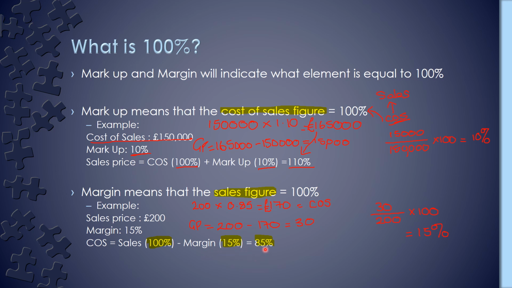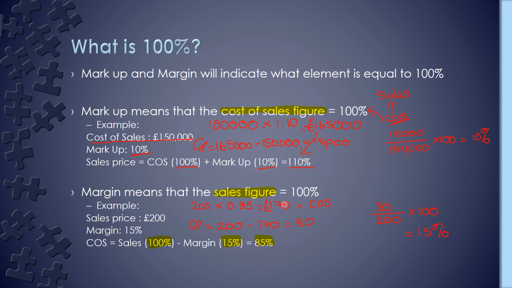So our cost of sales actually equals 85% of this £200. So putting that into a calculation, you've got 200 here, multiplied by the 85%, and that gives you 170, which equals your cost of sales. So as I said earlier, the 0.85 here is just my preference of working in decimals, but that is the equivalent of dividing 200 by 100 and times it by 85.